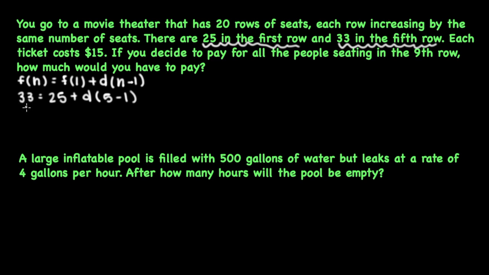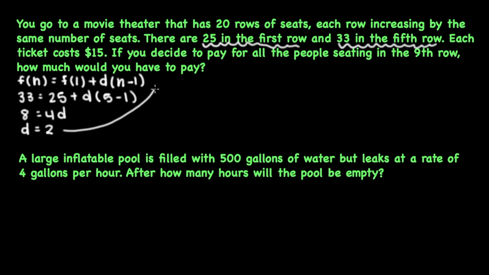Now subtracting 25 from both sides, we get 8 is equal to 4d, which leaves us with d is equal to 2. So each row is increasing by 2 seats.